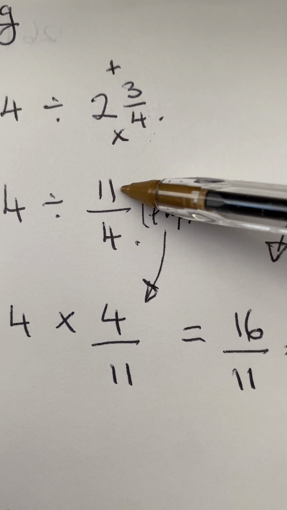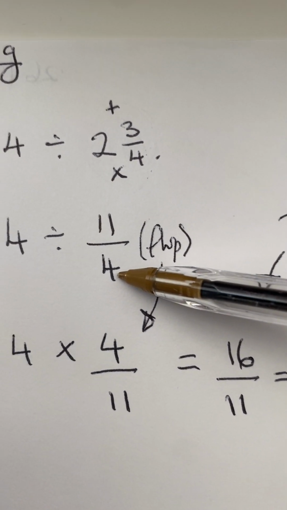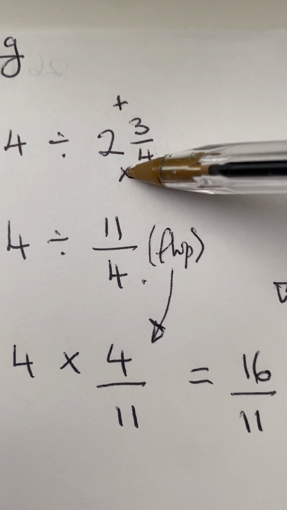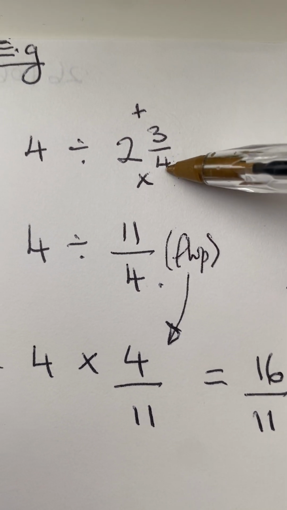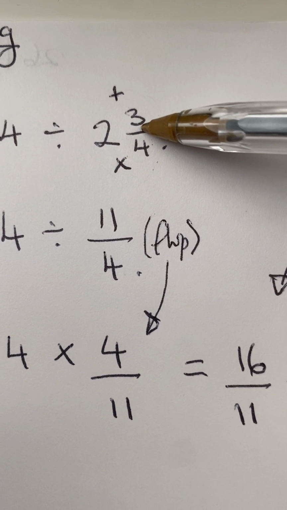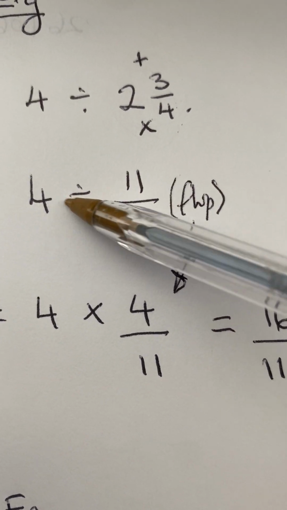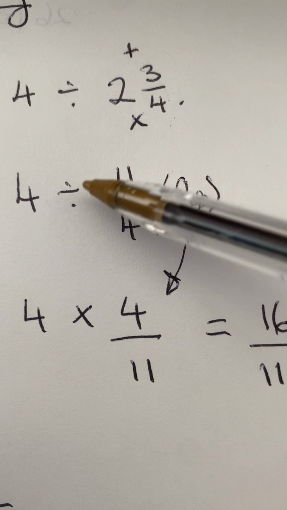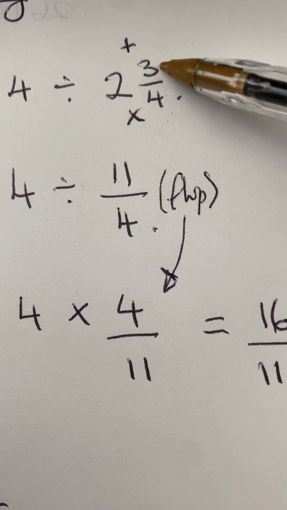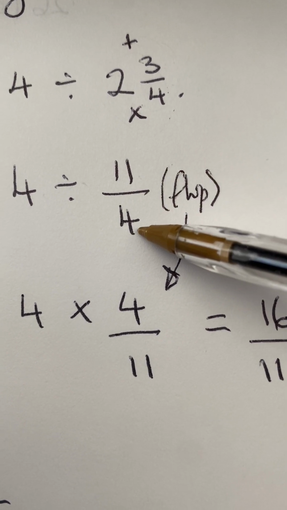The numerator will be greater than the denominator. How did we say we do that? We first multiply these numbers. So we multiply 4 by 2 and add 3. 4 by 2 is 8, add 3 is 11. So we have 4 divided by 11 over 4.